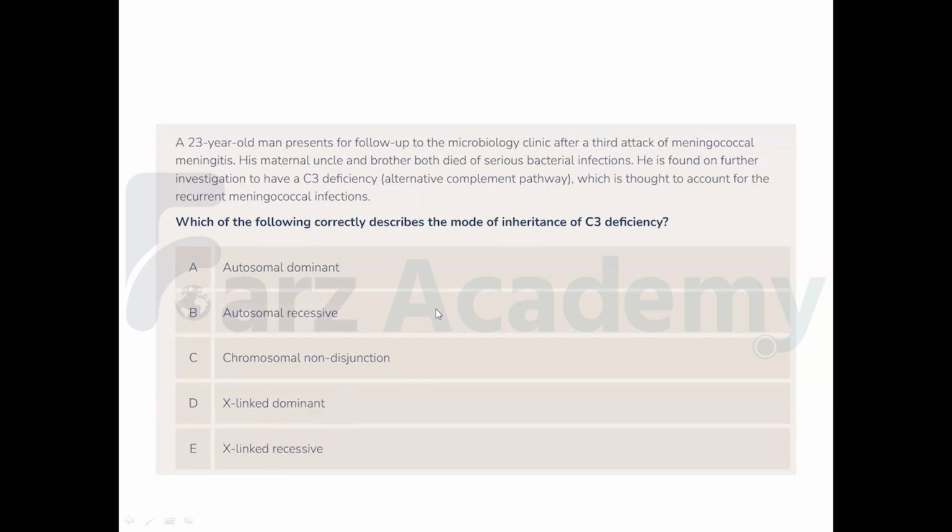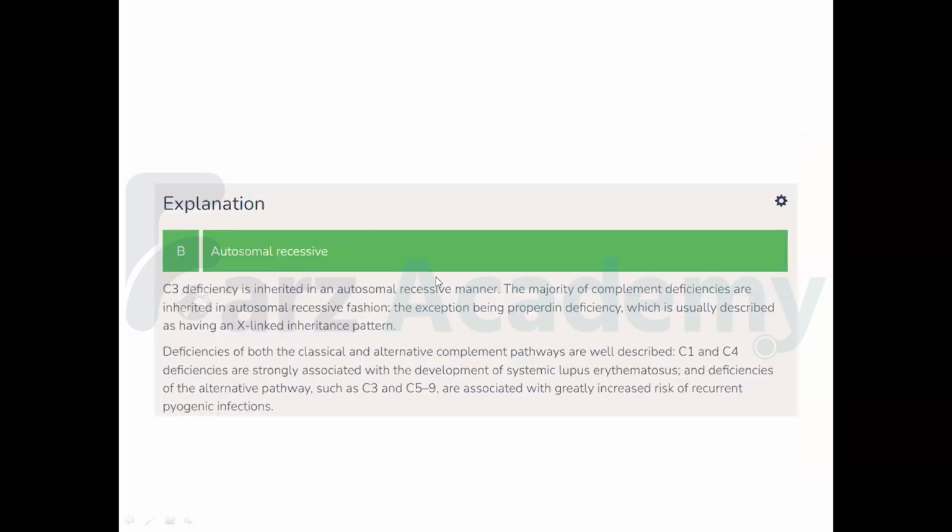So these you have to remember. The mode of inheritance is autosomal recessive. C3 deficiency is inherited in an autosomal recessive manner. The majority of the complement deficiencies are inherited in autosomal recessive fashion, the exception being properdin deficiency, which is usually described as having an X-linked inheritance pattern.